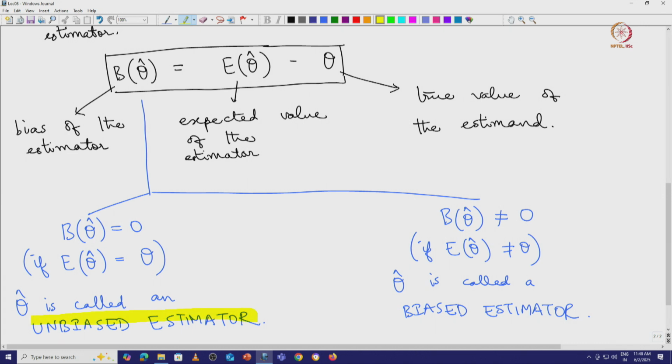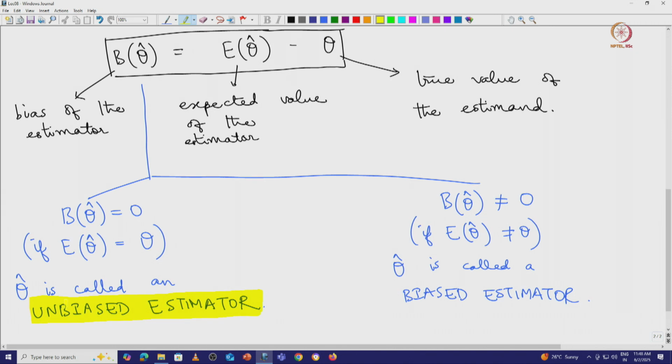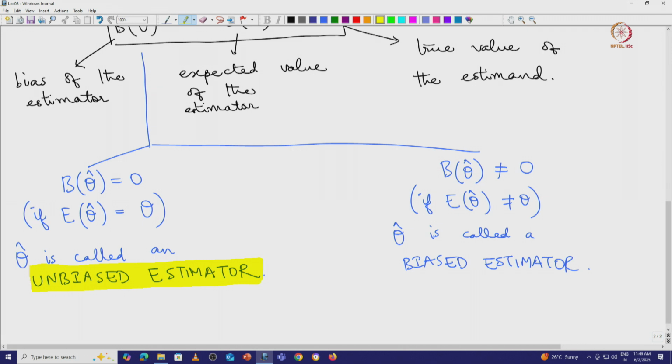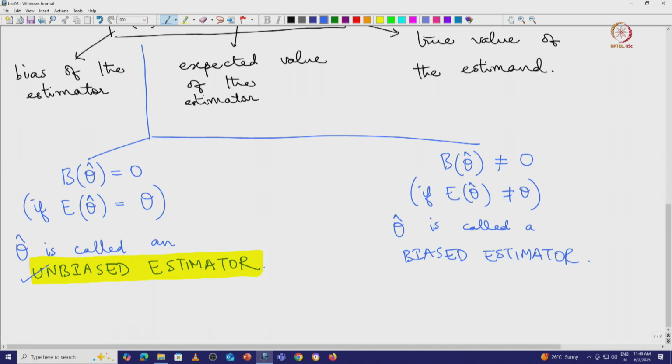So, essentially we are trying to get a handle on what value the expected value of the estimator would take over infinite realizations of getting a sample and then finding the estimate. If it returns on average the true value of the estimand, it is very good and we get an unbiased estimator. As you could imagine, in statistics we like to work with unbiased estimators, because in this case it is guaranteed that the expected value of the estimator is equal to the actual value of the estimand. So, we prefer to work with unbiased estimators. In today's lecture we will look at several unbiased estimators for the population mean, for the population variance and so on.